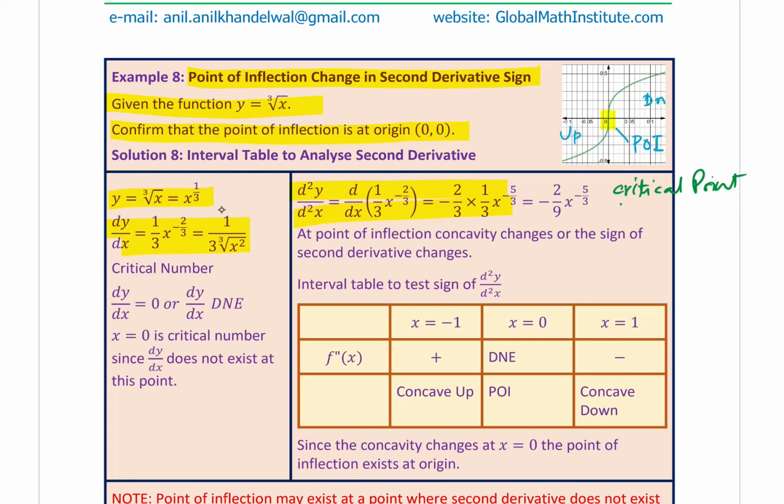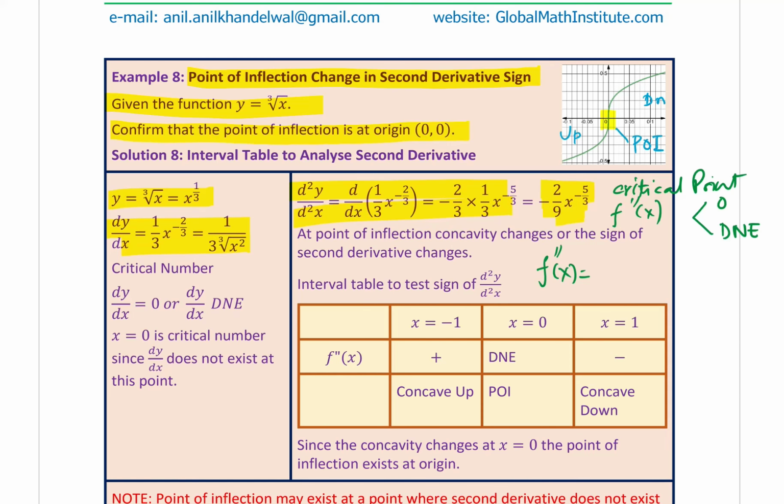Critical points of the second derivative means that the second derivative is either equal to 0 or does not exist, just as you were doing the analysis of first derivative. Now in this particular case, the second derivative is given to you right here.